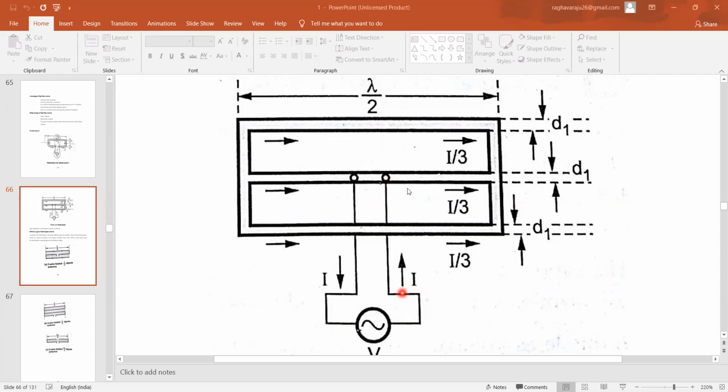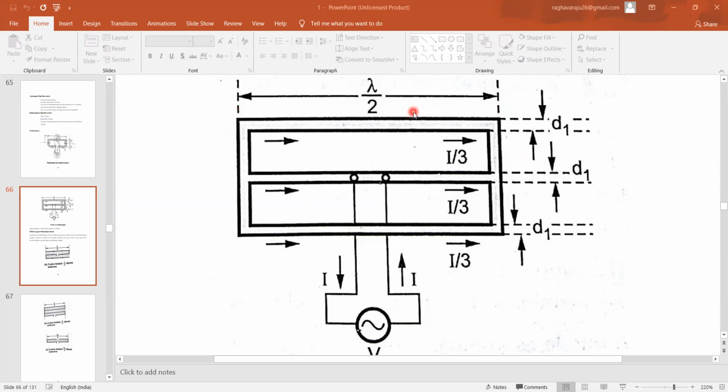When the primary feed radiates, this is the layer, lambda by 2, and this is also lambda by 2.